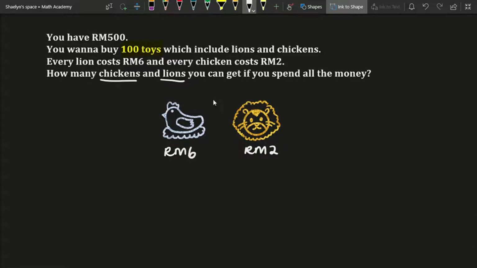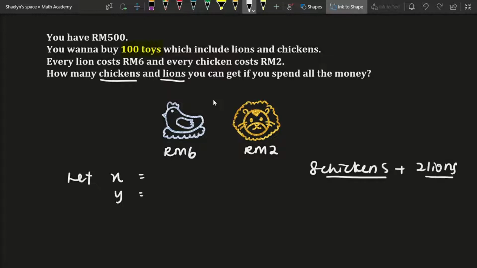So first of all, if you see this question, what we have to do is to let x equals to something and y equals to something, because we cannot write like 8 chickens plus 2 lions, right? It doesn't seem possible, so that's why we have to replace this word with x and y to make it more mathematical.